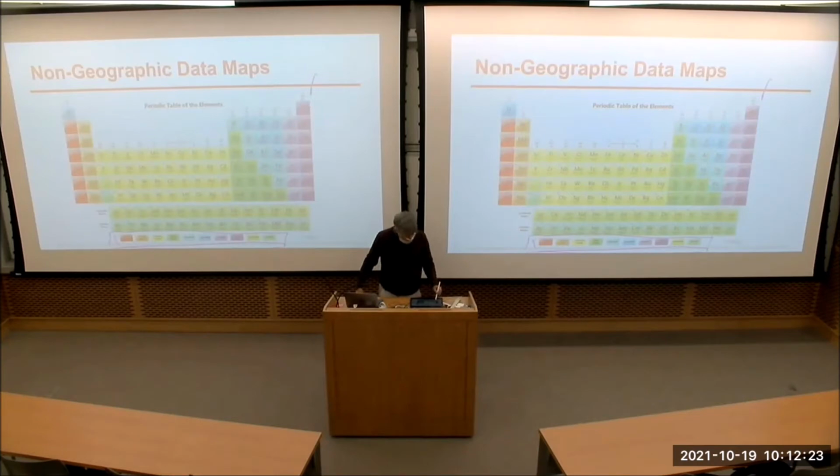What are these things down below? Those rows. Does anyone remember? They're called lanthanide series or actinide series. Each row belongs to one cell. Does everybody see that this row here really belongs in there? Okay? And this row here really belongs in there. Why do they take them out?